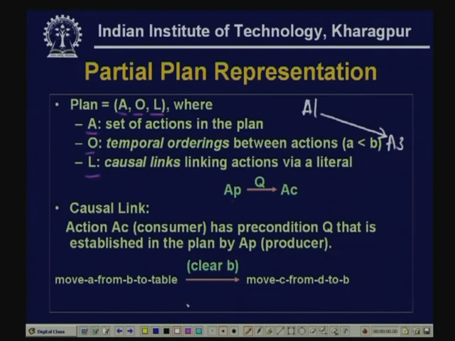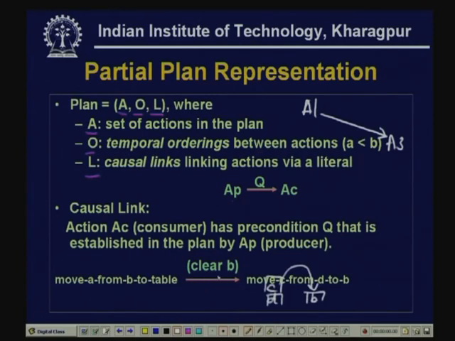For example, from the blocks world domain, let us take the following example. The action move C from D to B. Suppose this is D, this is C. We want to move C from D to B, and it requires that B is clear.